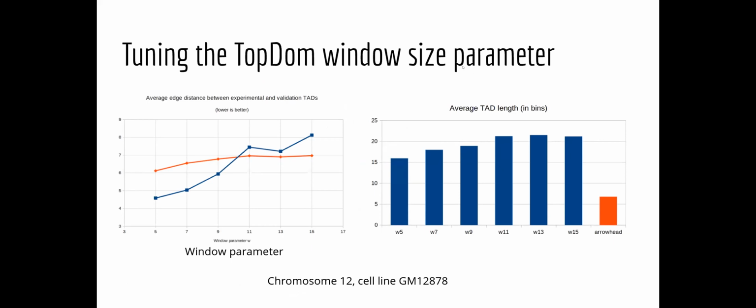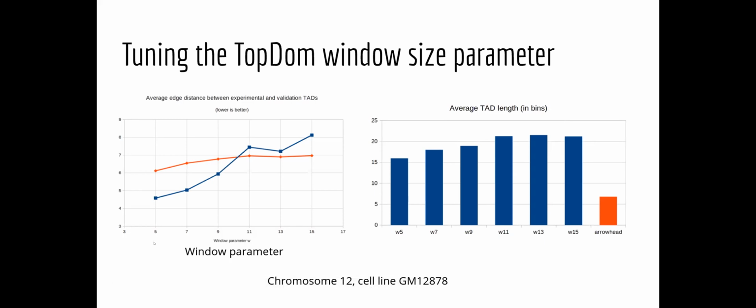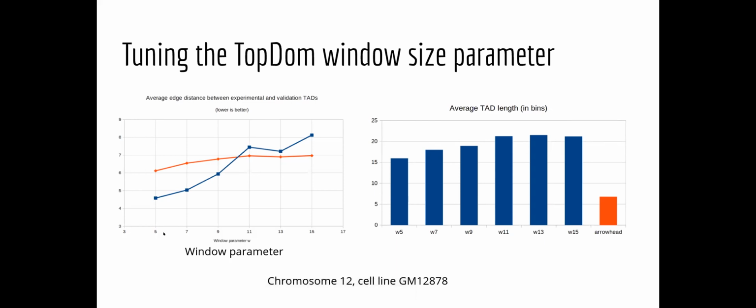After implementing TopDOM from scratch, we did some testing on one particular chromosome. And we determined, according to the literature, that a smaller window of, for instance, 5 bins in our case, yielded the results that fitted the best with our comparisons.